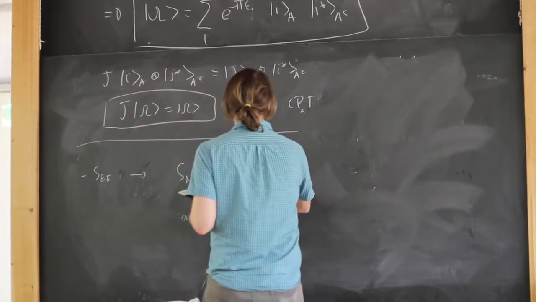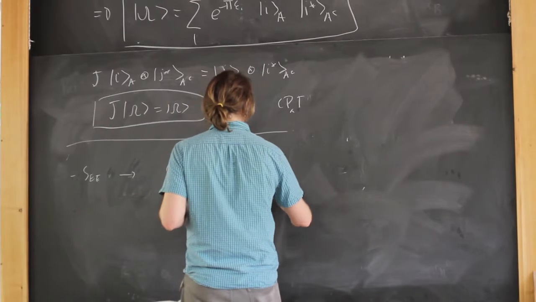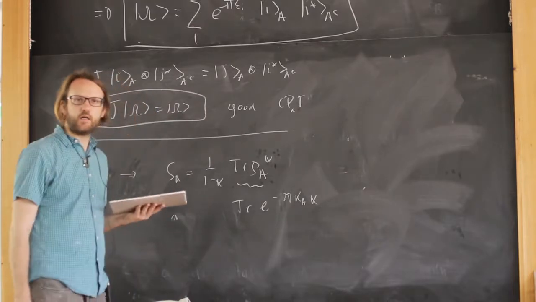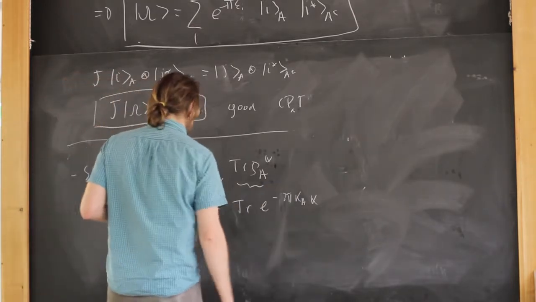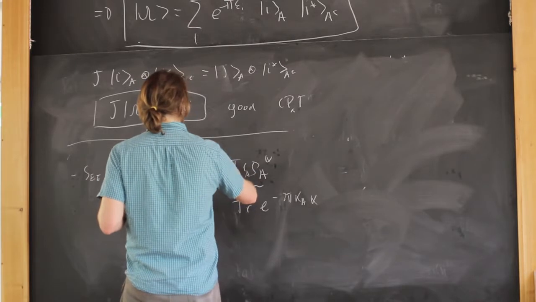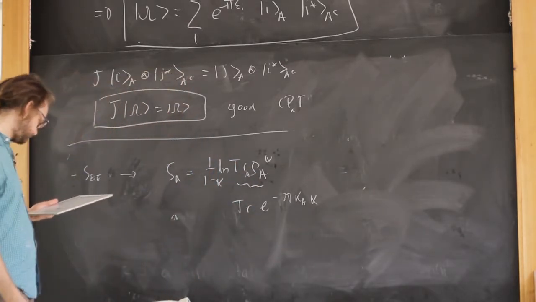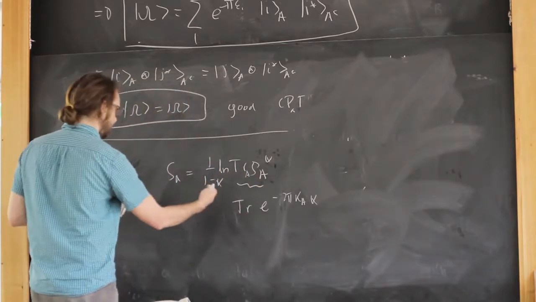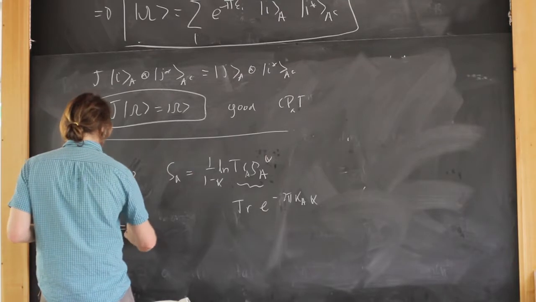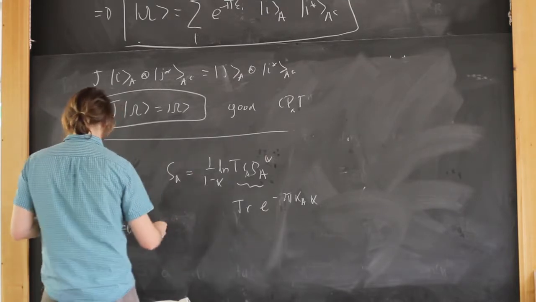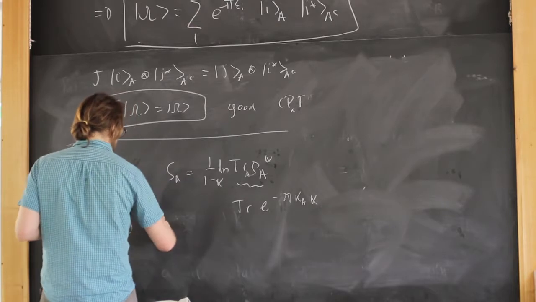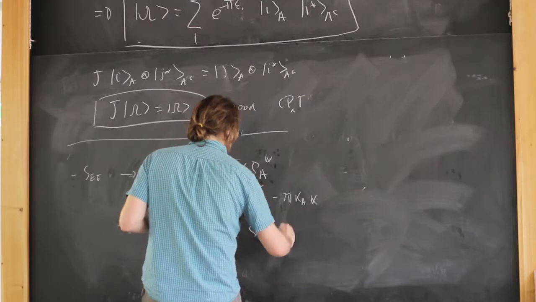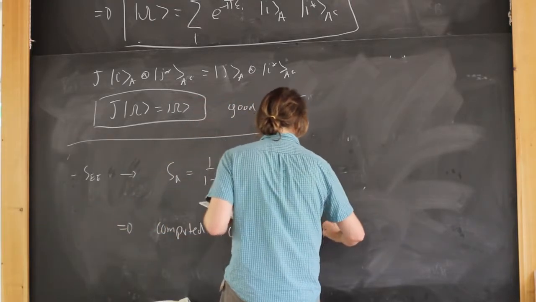But here, this is easy because all I have to do is replace e to the minus 2 pi K_A with e to the minus 2 pi K_A times alpha. And then in principle, I can do this trace. There's a log here. And so what you find is that computing entanglement entropy in this situation ends up being a trace you compute in a spacetime with a conical singularity.